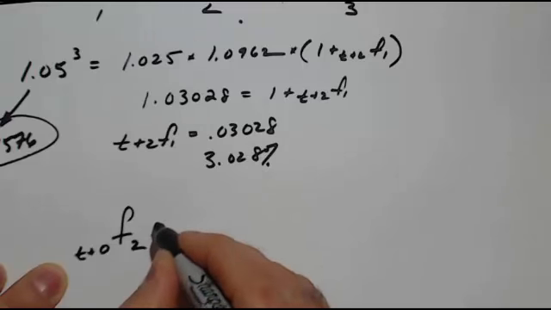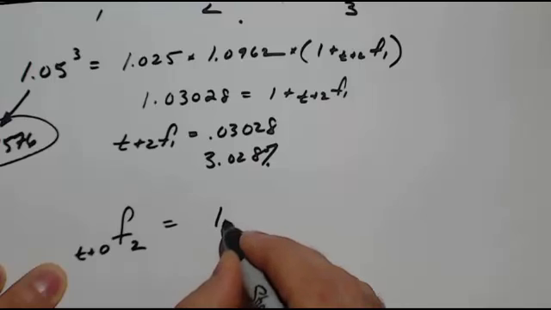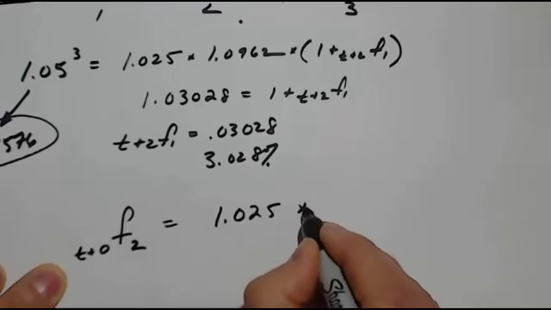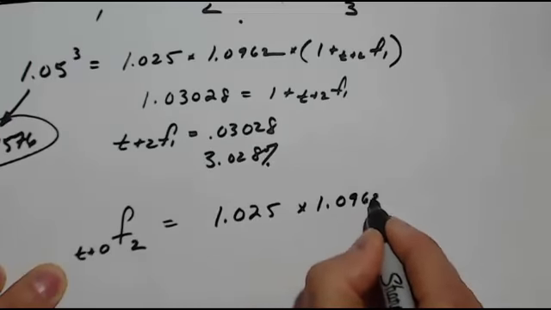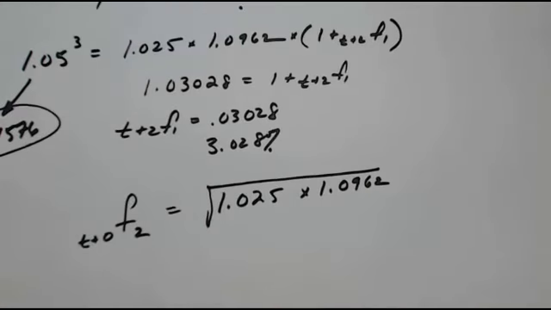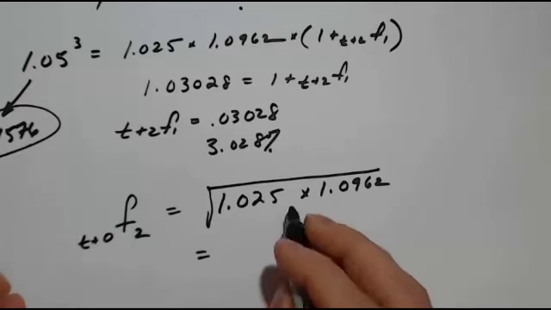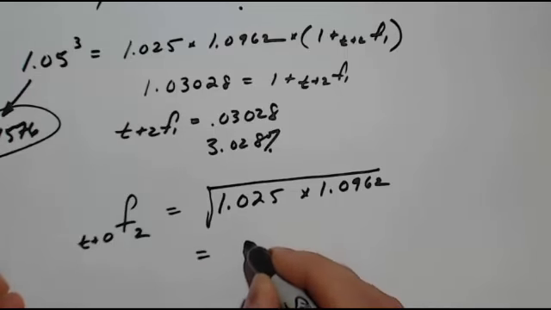And that would equal, in this case, 1.025 times 1.0962 to the square root power. So that would equal, give me a second, get a calculator. Wow, I should have seen that coming.